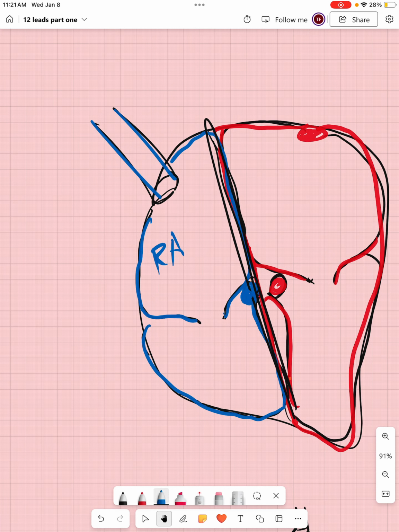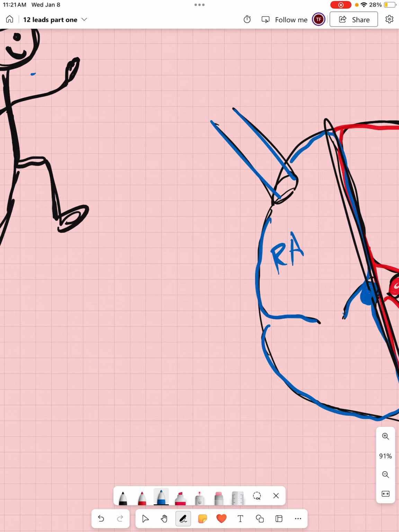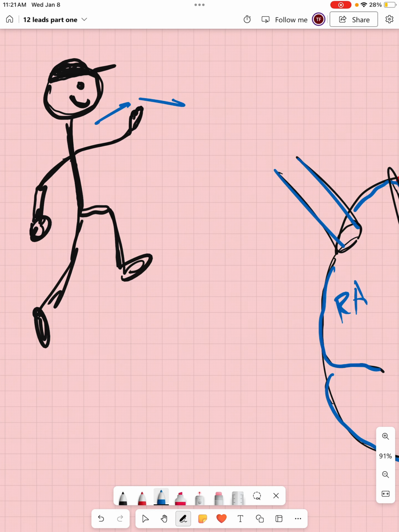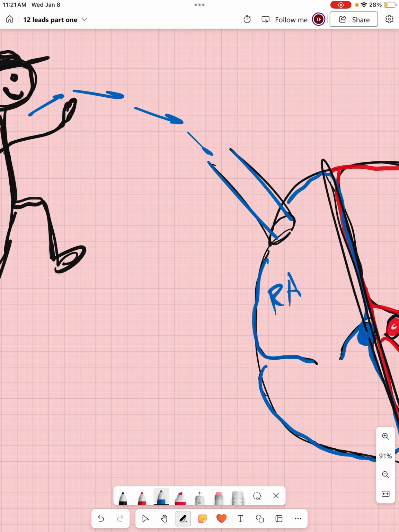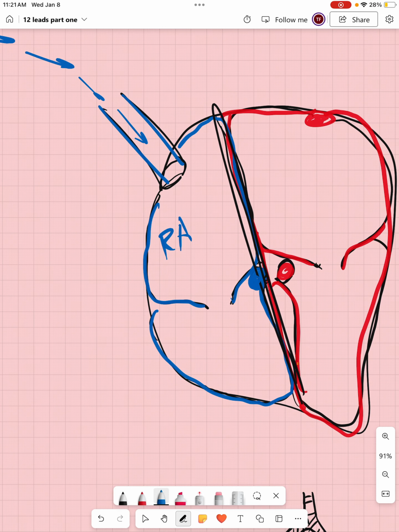Right atrium is responsible for receiving deoxygenated blood from the body. So this individual over here, they're doing some sort of activity, perhaps jogging, going for a walk. They're expending oxygen and they need more.